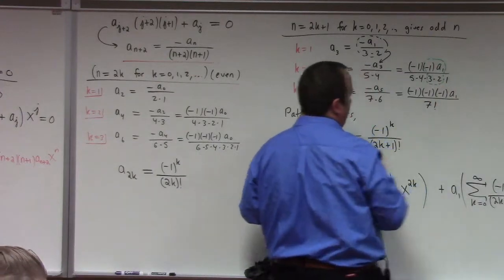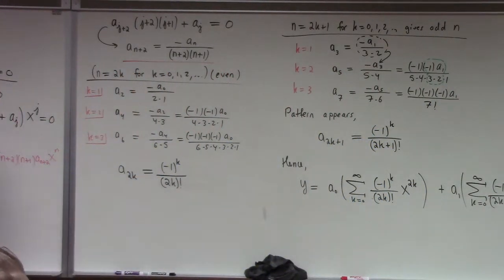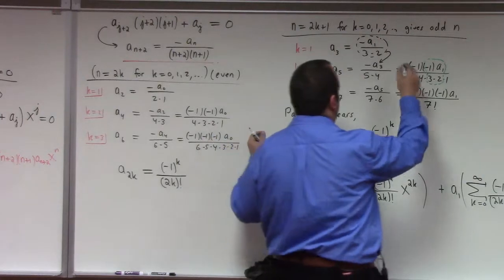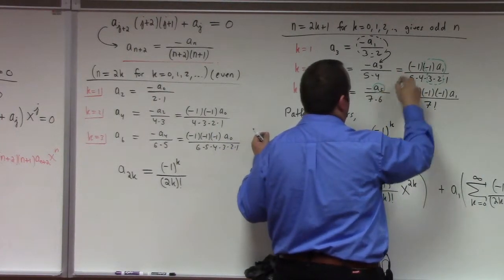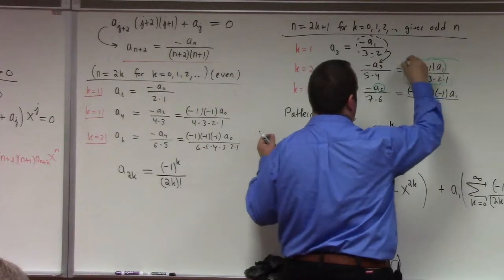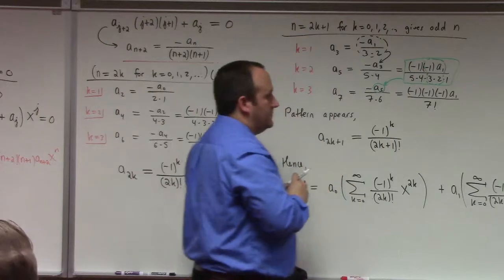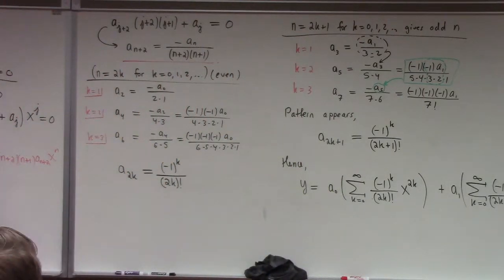And the 1 is just for free. And then the next time I plug in, I replace, down here I've got A5, right? So I take all of this and I shove it into the A5, which gives me, it's the same thing I did in the even case.